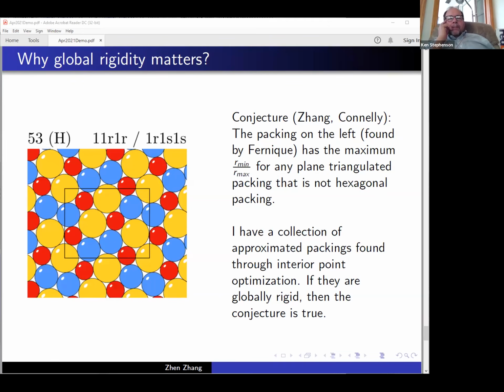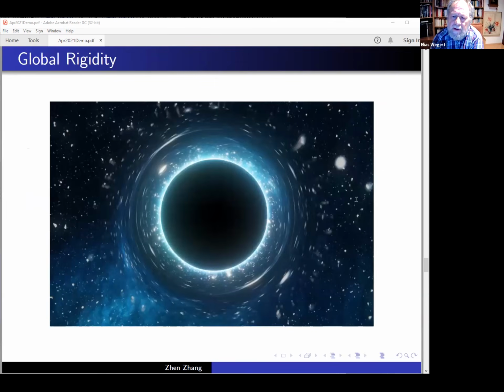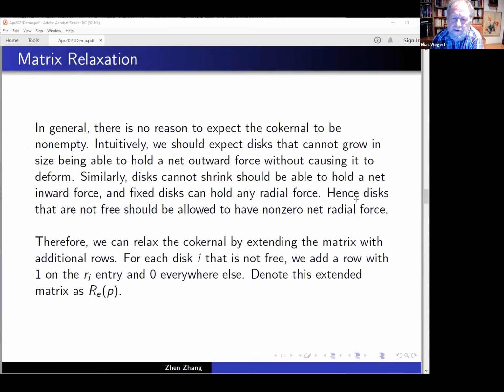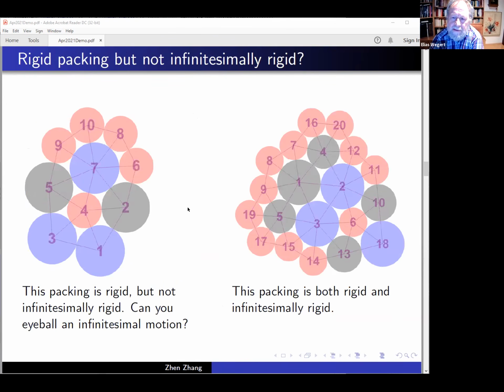I have a general question. If you have a packing which is rigid but not infinitesimally rigid, this basically means that linearization of the contact equations does not deliver enough information. Can you find criteria involving higher derivatives?